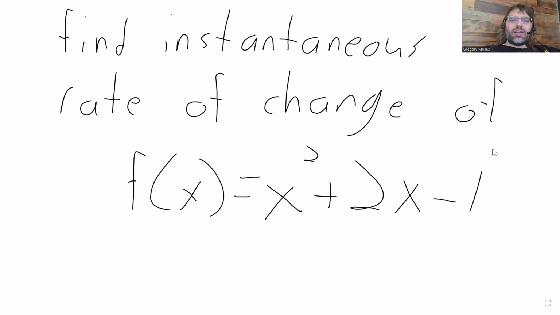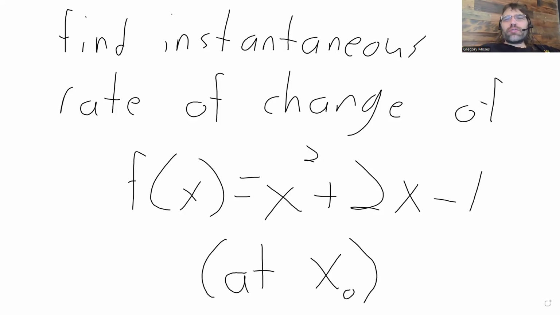So let's find the instantaneous rate of change of this function. At the moment, we're sort of trying to have our cake and eat it too. We're talking about the instantaneous rates of change at specific values, at 2, at 5, at -7.